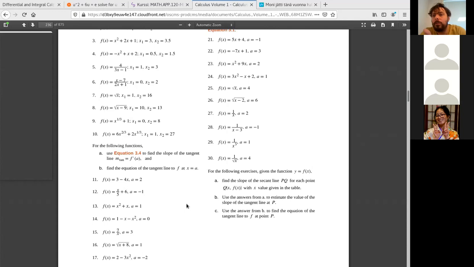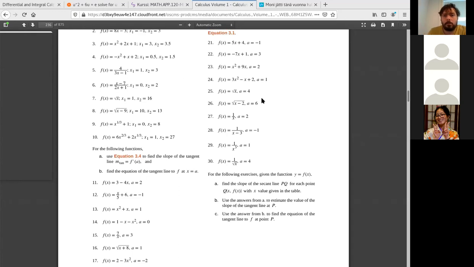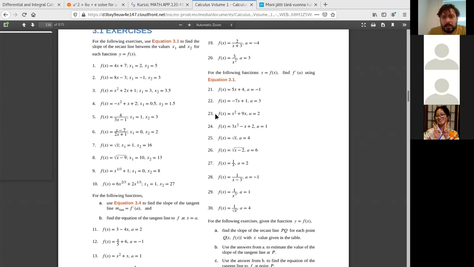Many of you know how to find the derivative, so don't do it with the derivative, do it with the limit. So let's take number 23: f of x is equal to x squared plus 9x.